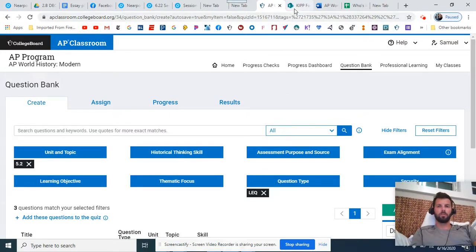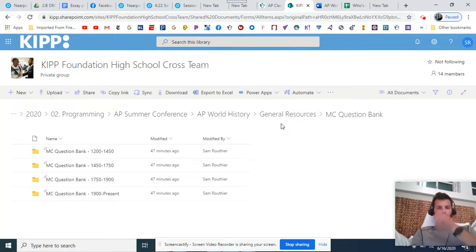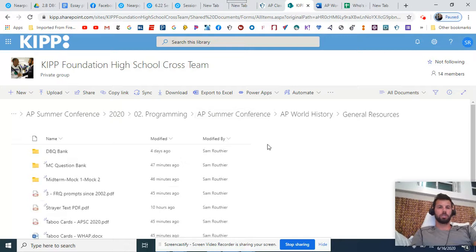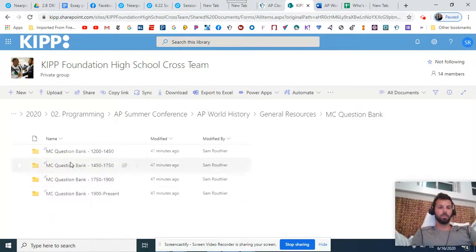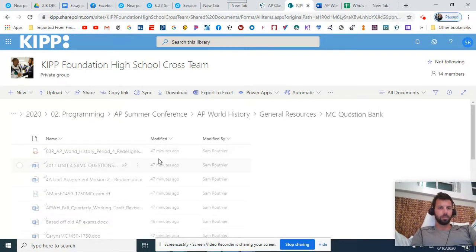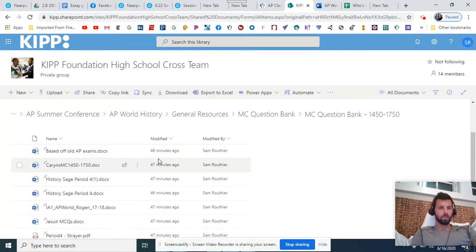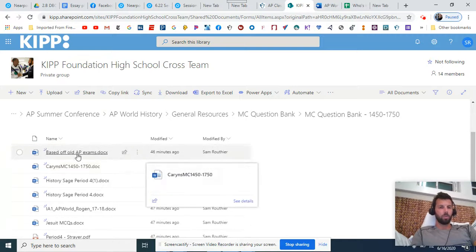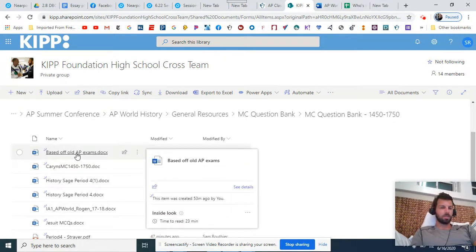Another place you could look for a question bank is in our SharePoint folder, where in general resources, I have brought in my multiple choice question bank organized by periodization. And it's a little messy because I just copy and pasted it from my Google Drive. But if you want questions that are not based on a stimulus, you can click on based off old AP exams.